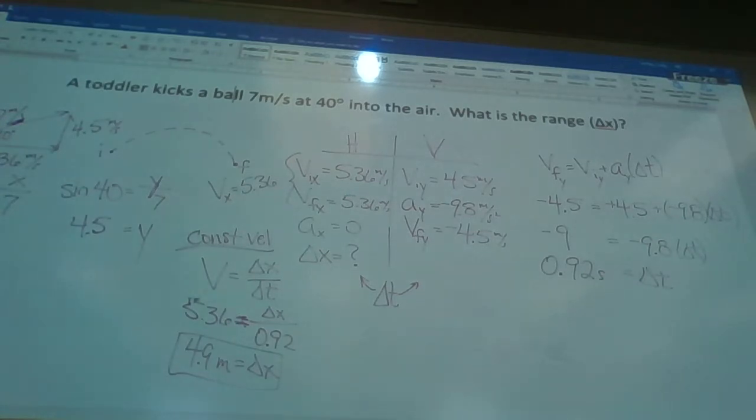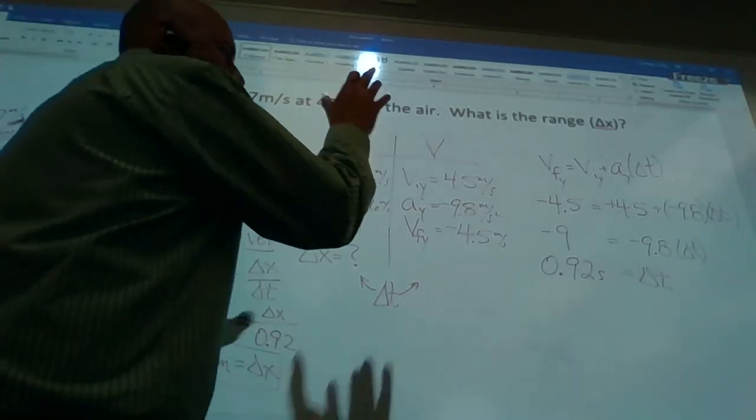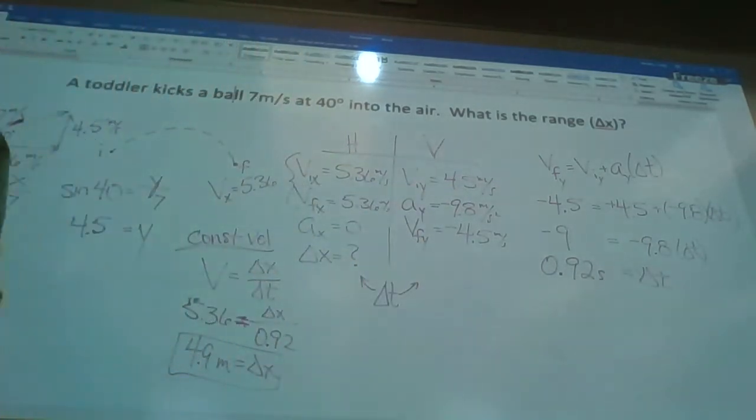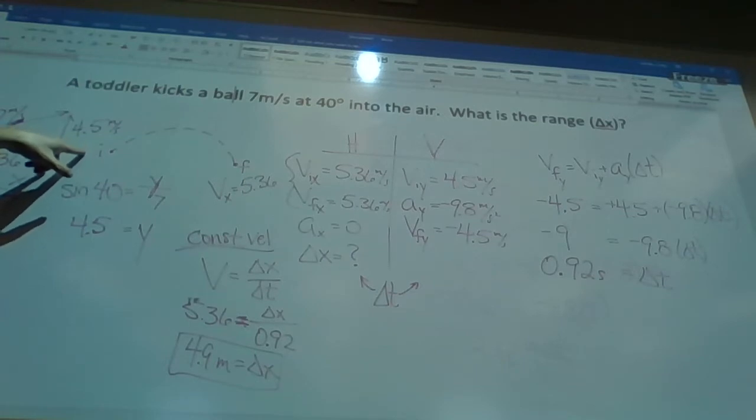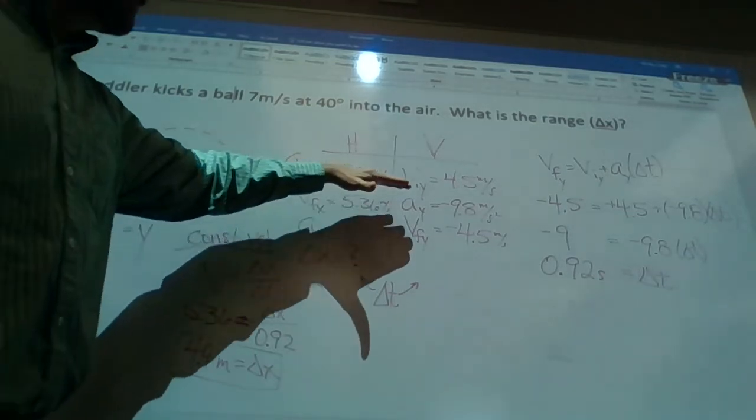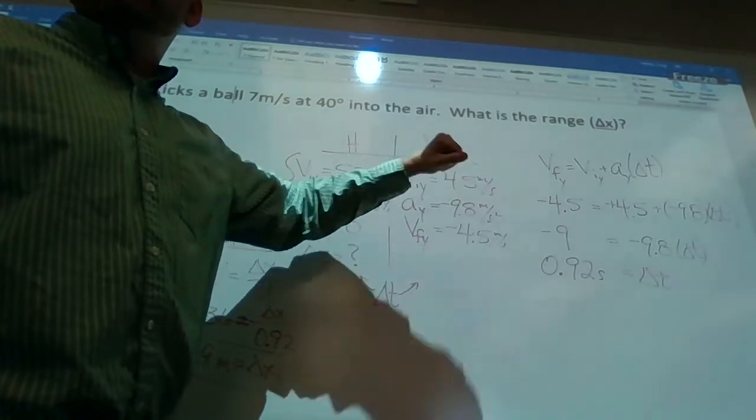This 7 meters a second cannot go into one of these two sides. So the way we deal with that is we break it up into components. That's the whole point. This is how fast it's going horizontally. This is how fast it's going vertically at the beginning.